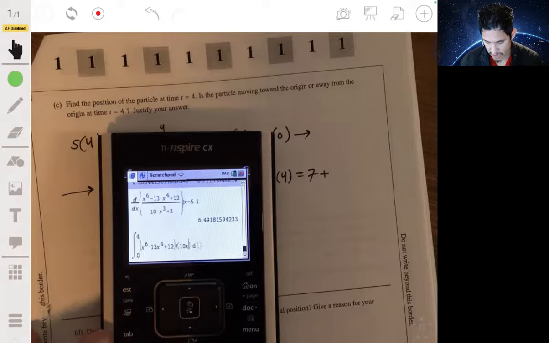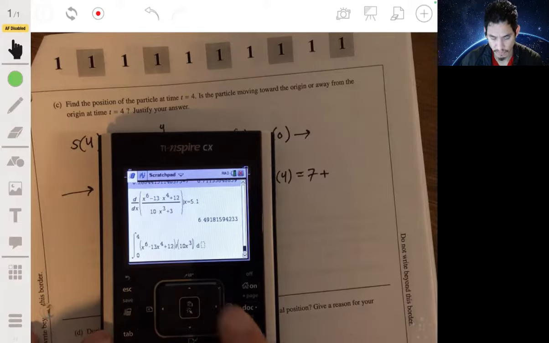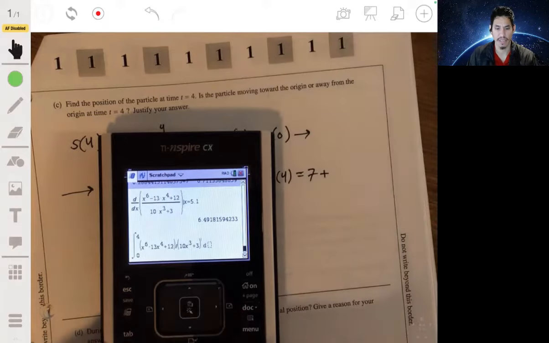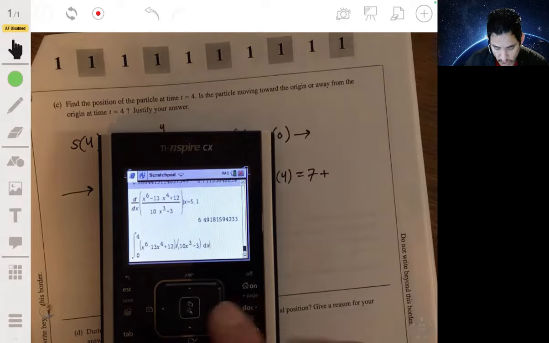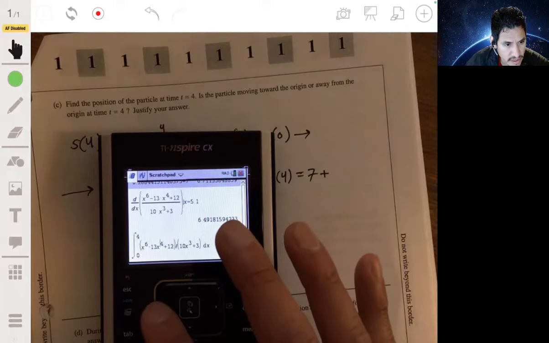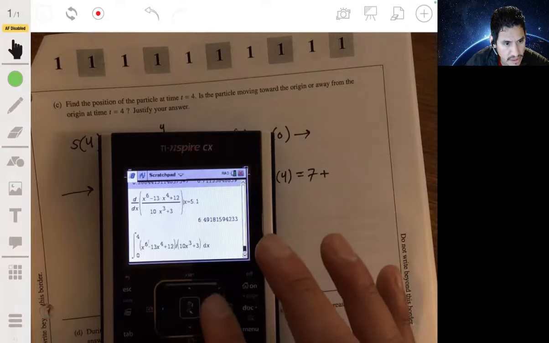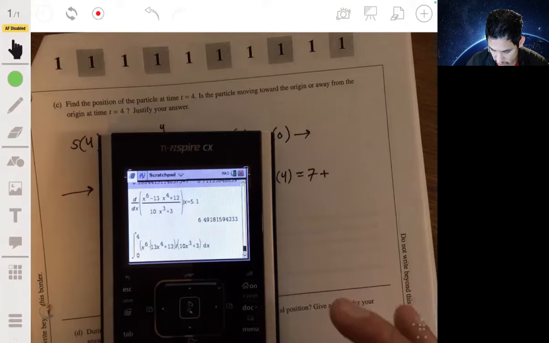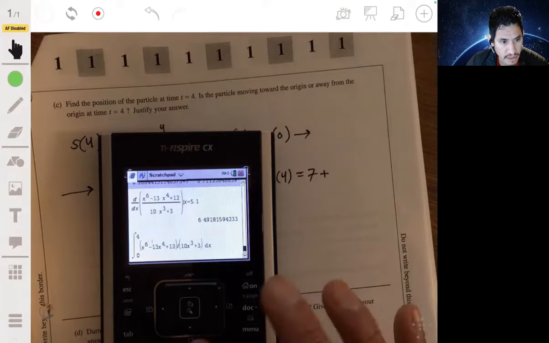There's nothing worse than messing up and having to type in the whole thing again, because it's going to eat valuable minutes from your testing time. Okay, so I believe that is, no, actually, that minus sign doesn't look right. Let me check if that is a minus. Delete. Yeah, that looks better.